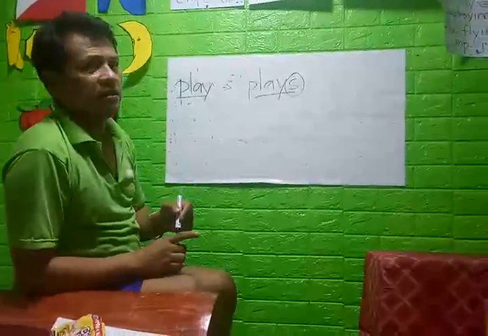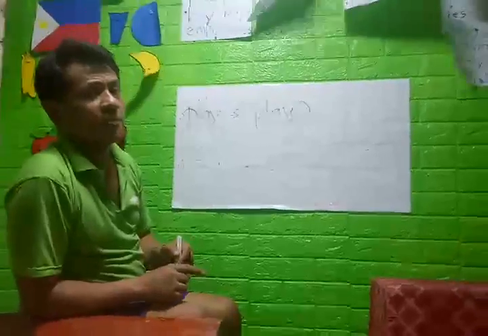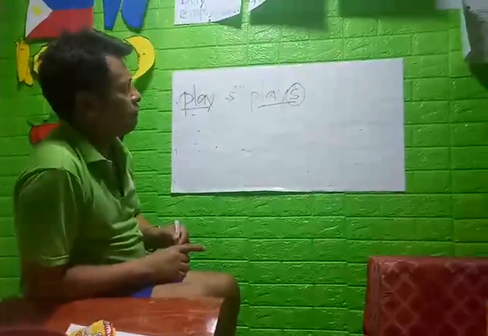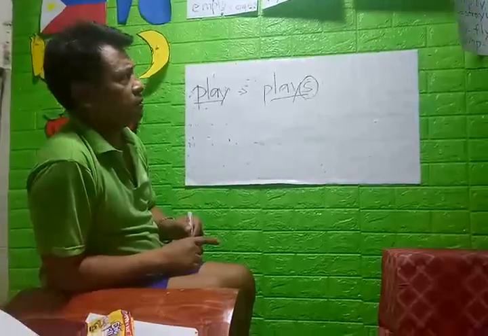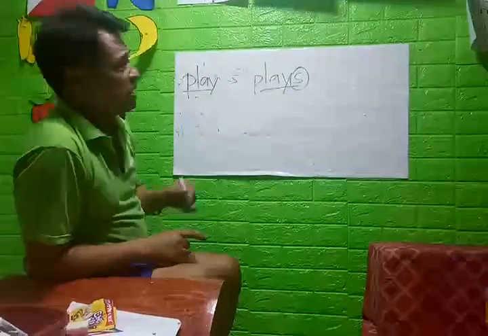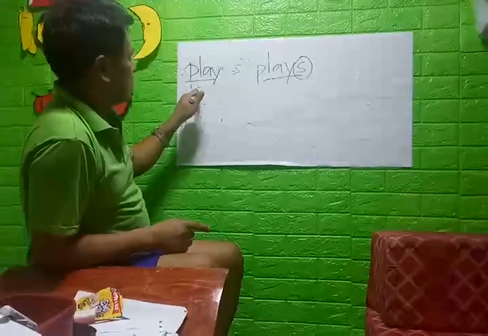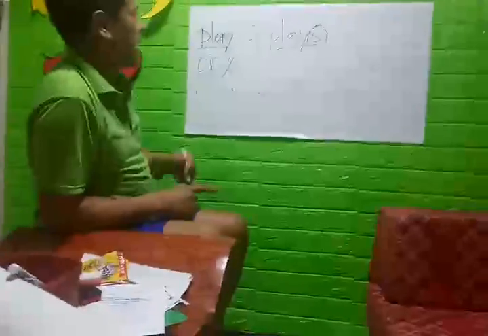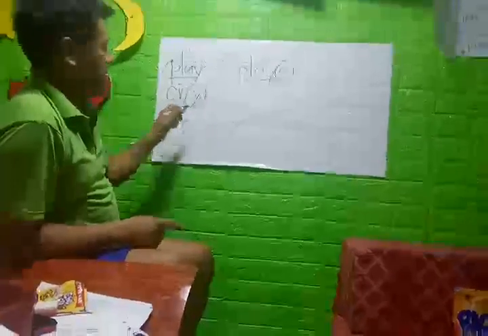Now, there are verbs or words that would not form their simple present tense by adding s only. Let's say for example, we have cry. So this sample word cry, it ends with y.